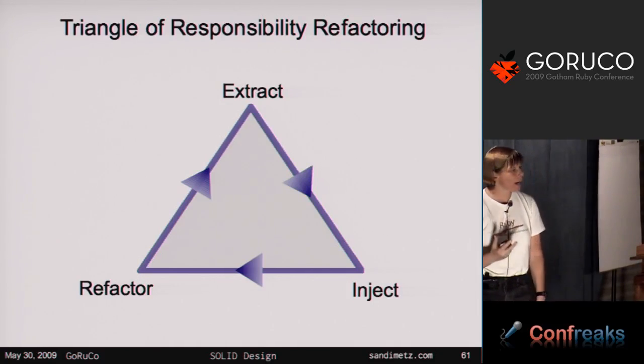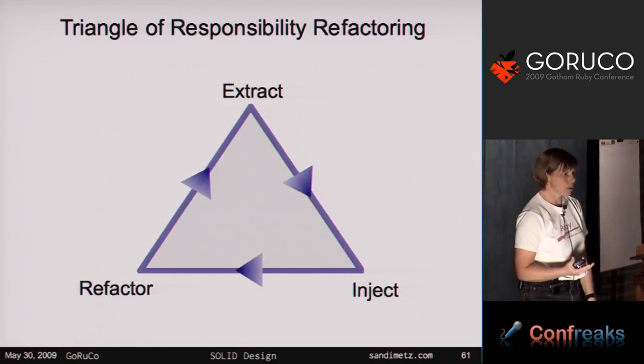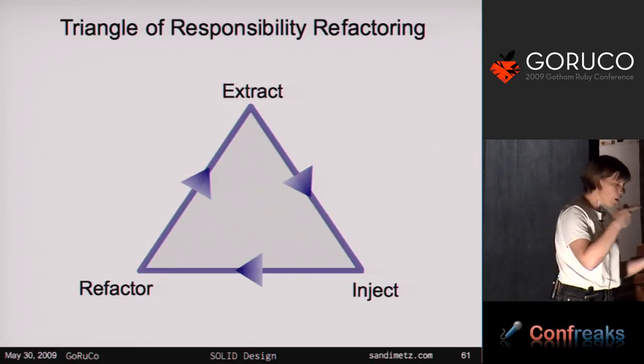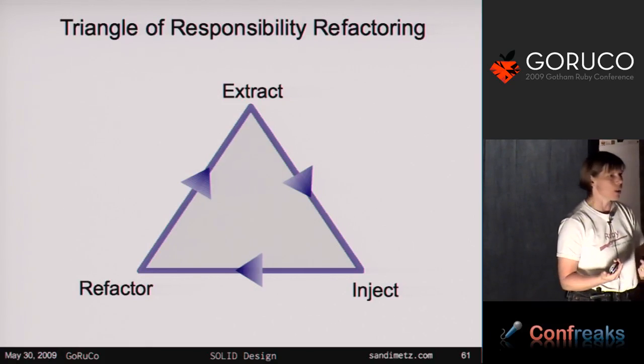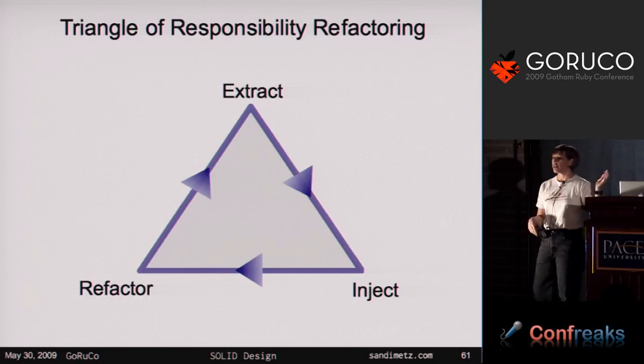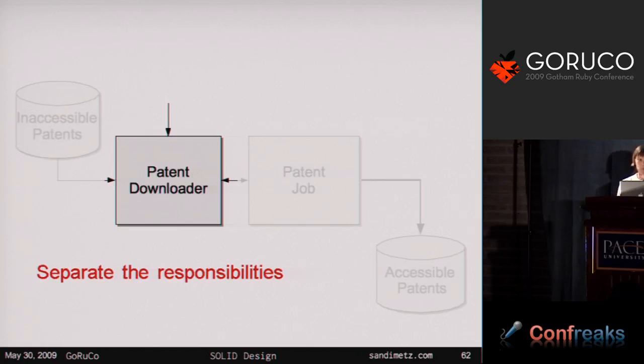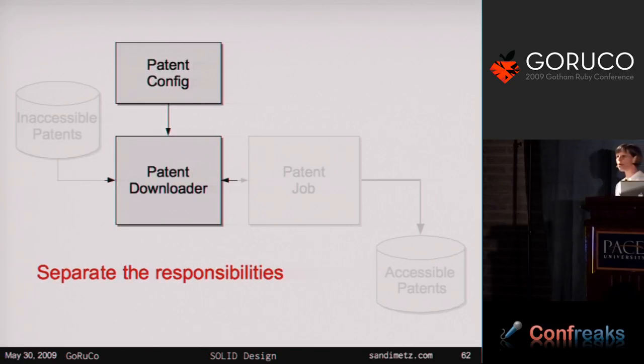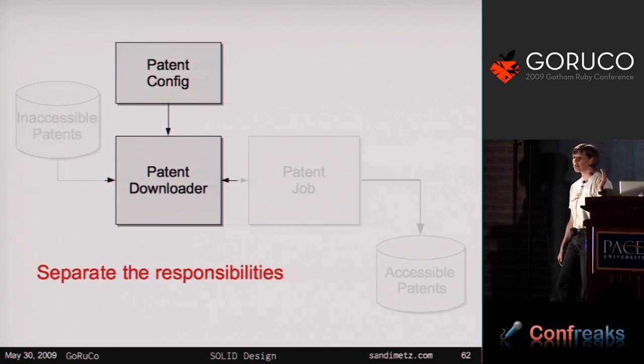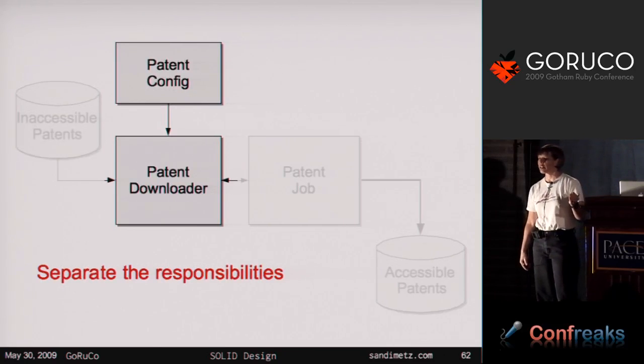You make a new spec in a new class that has that code and no other code in it. And you take that code and you inject it back into the original class. You just follow this pattern over and over again until you don't have any more responsibilities to take out. Do the simplest thing possible. Don't guess where you're going to end up. Okay, so in this case, I'm going to pull the configuration data out and put it in another object.